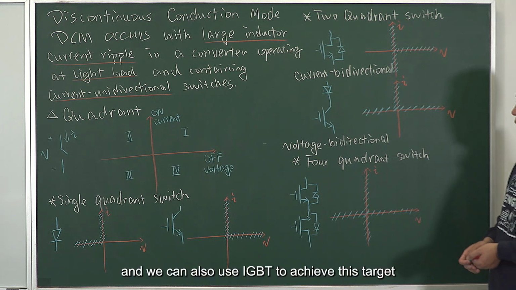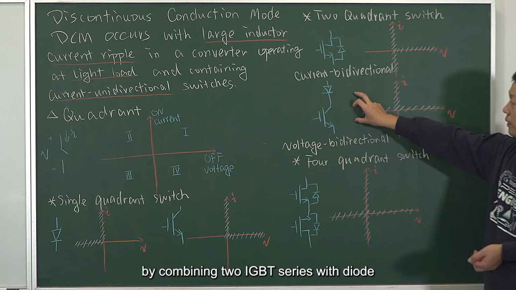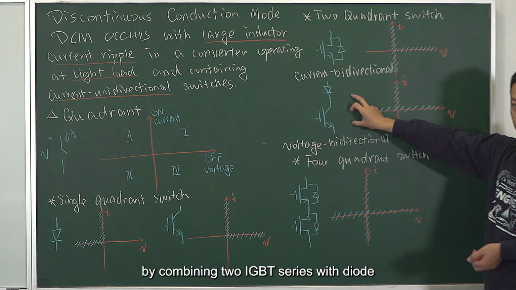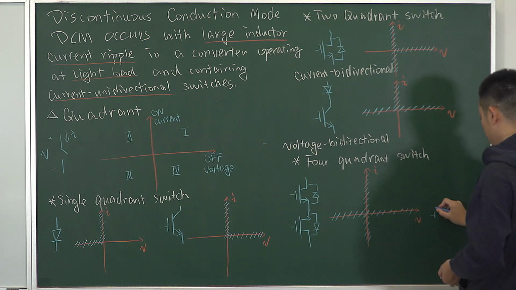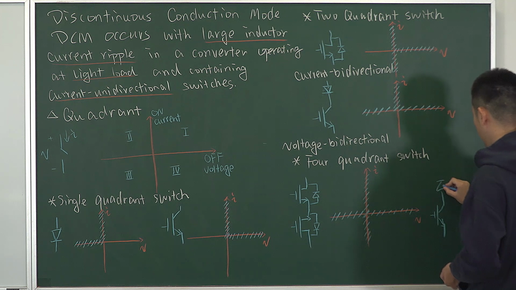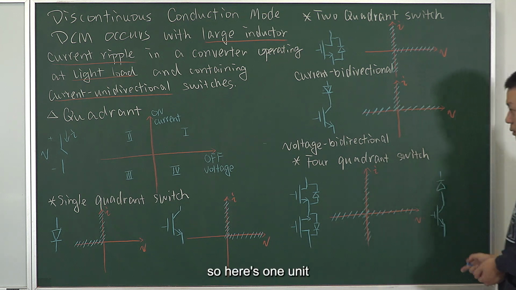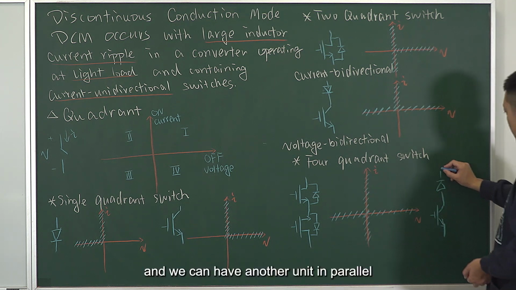We can also use IGBTs to achieve this target by combining 2 IGBTs in series with diodes. Here's one unit, and we can have another unit in parallel.